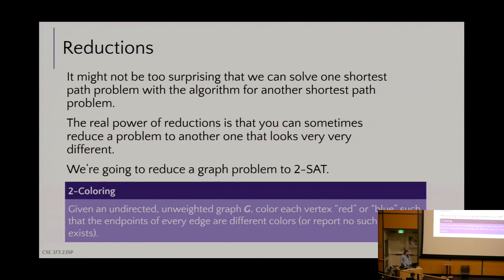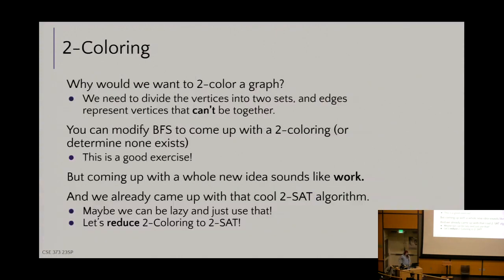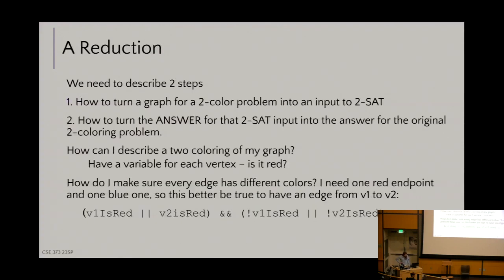Now we're going to reduce the two coloring problem to the two sat problem. You could modify BFS to come up with two coloring, whatever. That would be our sort of brute force. But if we can just translate 2 coloring into 2sat, great, there we go. So what we would do is we know we need to describe the requirements in terms of 2 possible Booleans.